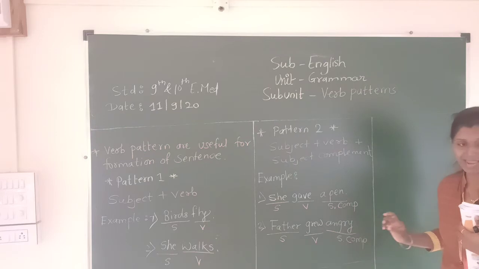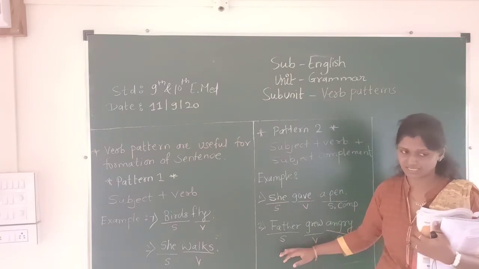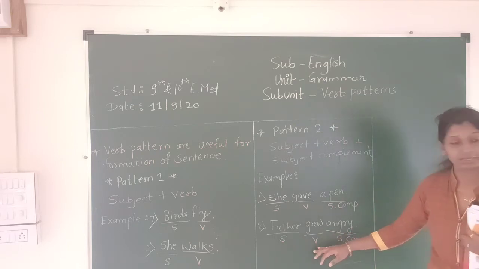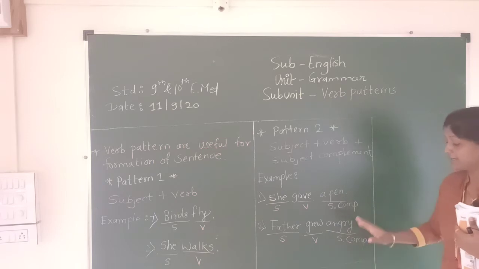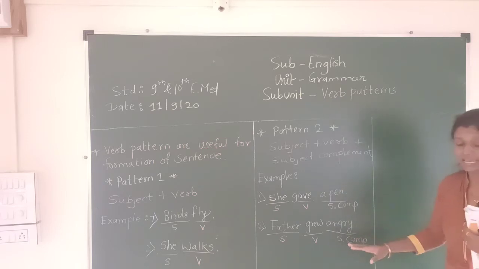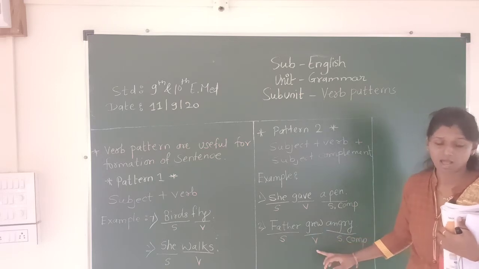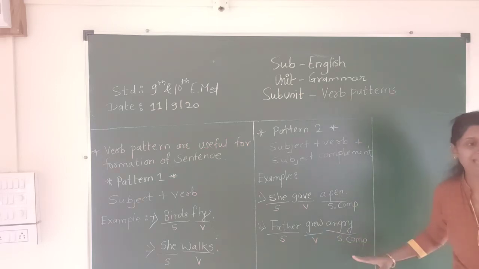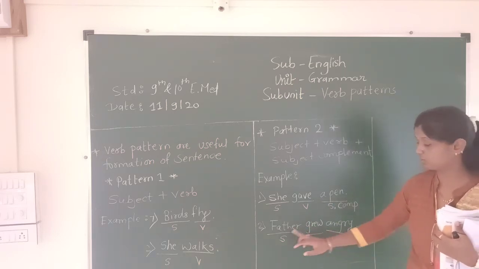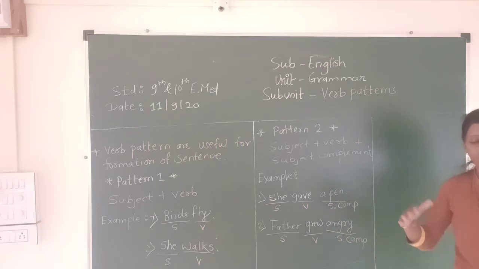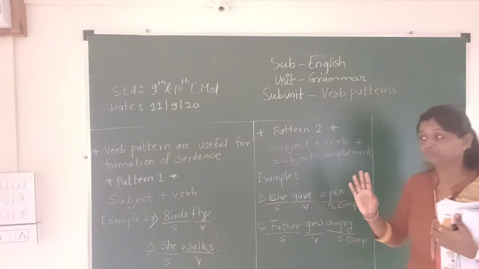Father is the subject, grew is the verb and angry is the subject complement. Now this subject complement is related to the verb grew. How did the father grow? Angry. So we can ask the question to the subject or the verb, and whatever answer we get is the subject complement.